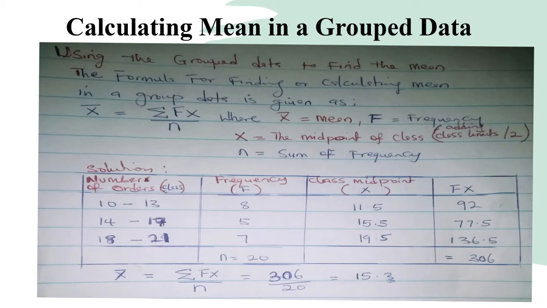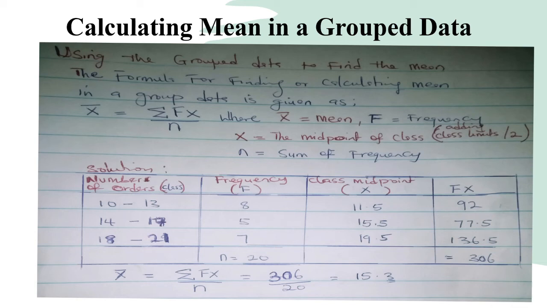The class midpoint is gotten by adding the class limits, in this case 10 plus 13 divided by 2, which gives 11.5. 14 plus 17 divided by 2 gives 15.5. 18 plus 21 divided by 2 gives 19.5.